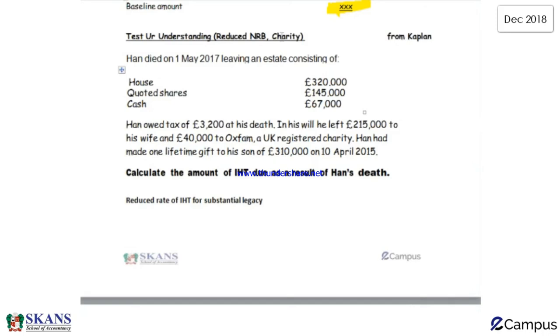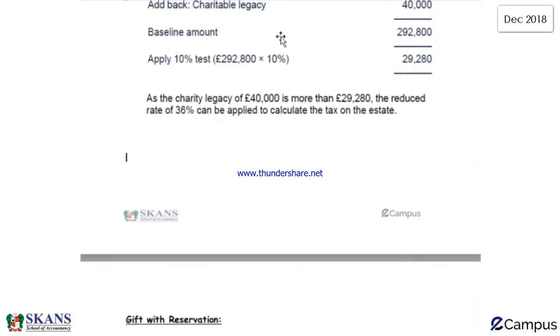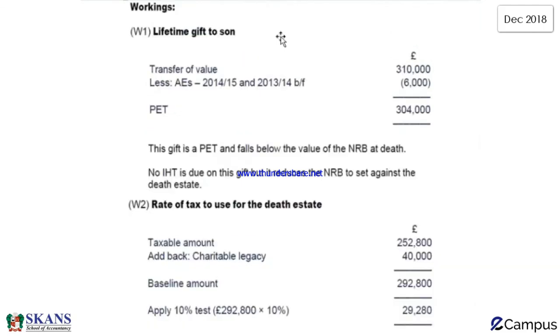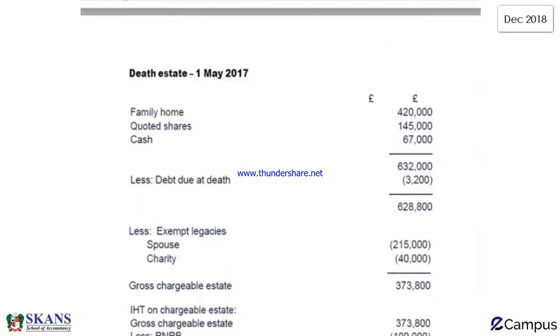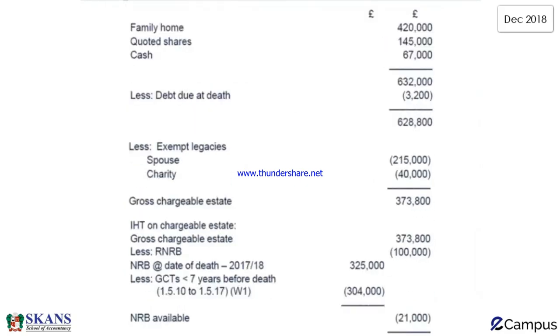We have to calculate what is the IHT due on Han's death. In order to do so, first of all, we should prepare his basic death estate computation, in which I just put his family home, quoted shares, and cash.